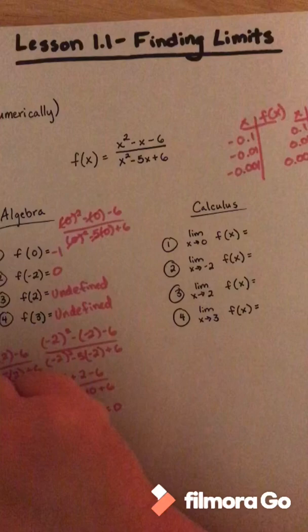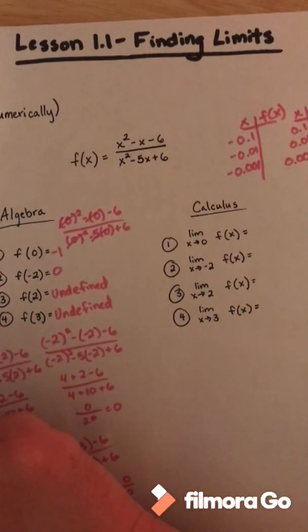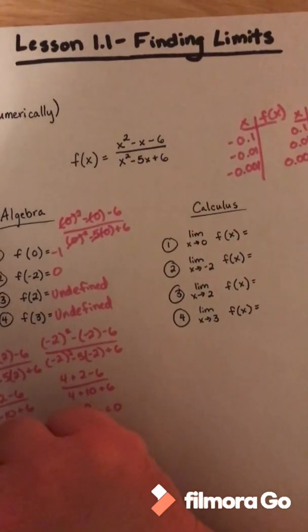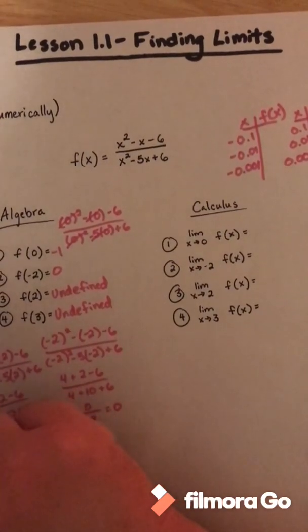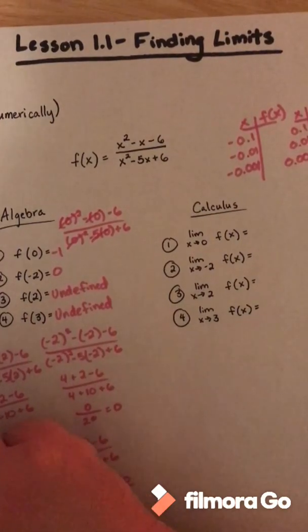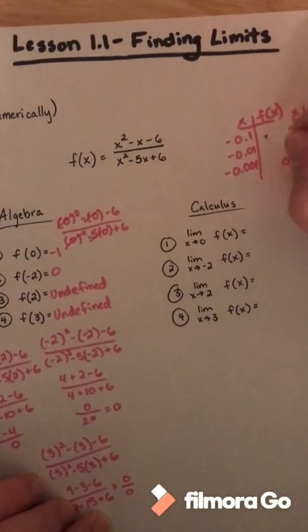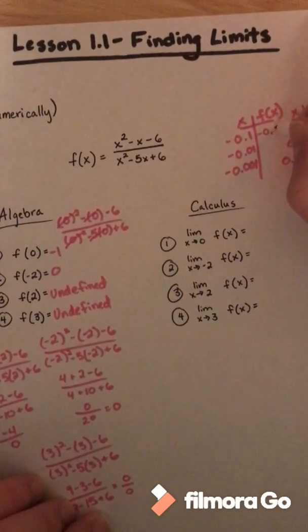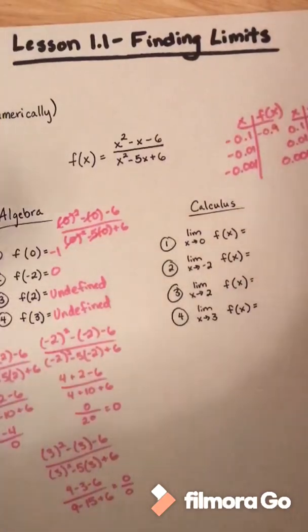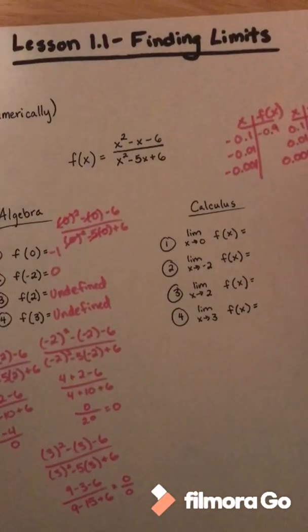So I'm plugging everything in: negative 0.1 squared minus negative 0.1 minus 6 over all that stuff, where I plug in negative 0.1 squared minus 5 times negative 0.1 plus 6. And in this case, I got a really long number. I'm going to try to round it off. So negative 0.904761, and it just keeps on going. So I'll just round it off at negative 0.9.